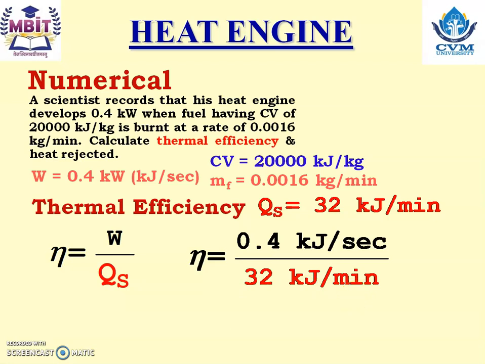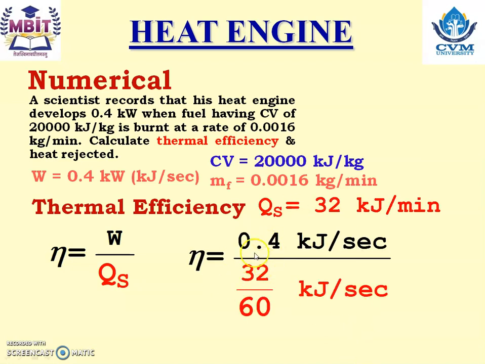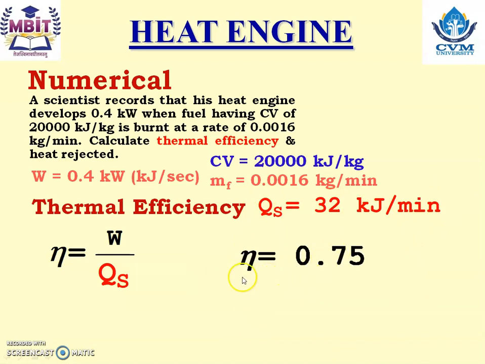So 0.4 in the numerator as it is, divided by 32 by 60 for converting the kilojoule per minute into kilojoule per second. Now calculating, we get the efficiency, and that efficiency is 0.75, or we can say it is 75%.